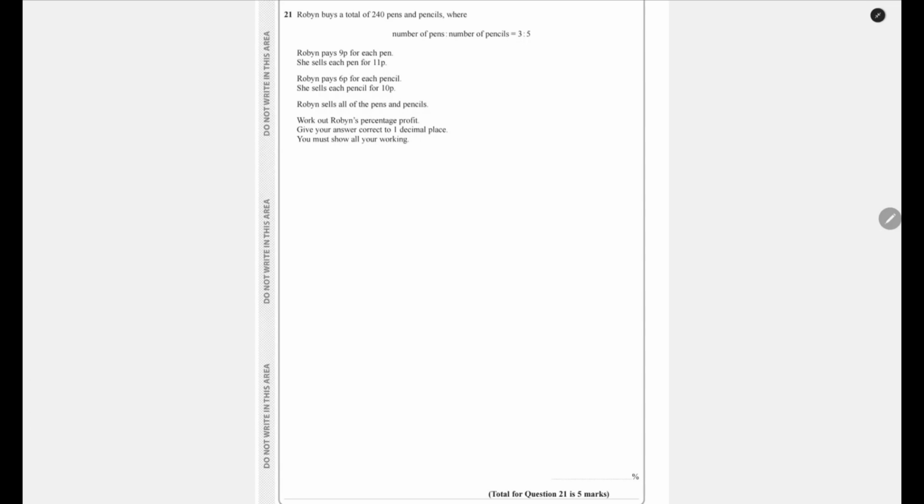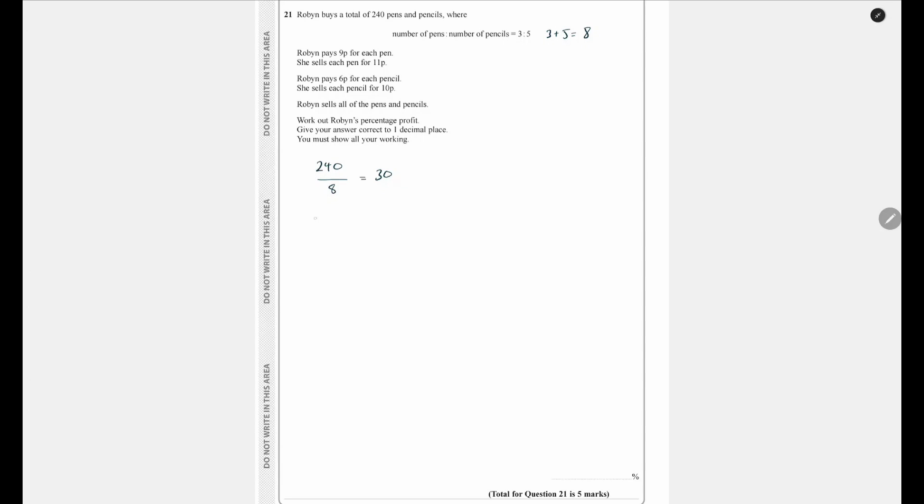So the first thing that we do with all ratio questions is to work out the total ratio. So that's 3 plus 5, and that's 8. So to work out how much one ratio is worth, it's 240 divided by 8, and that's equal to 30. So one part of this ratio is equal to 30 pens and pencils.